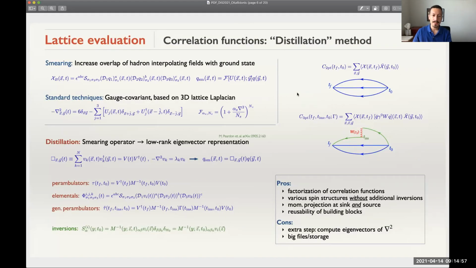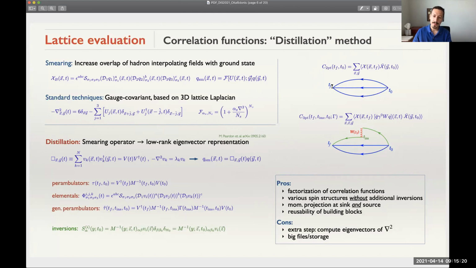All right, so on the lattice, in order to obtain these matrix elements, we compute correlation functions. One type of correlation function is a 2-point function, which I show over here schematically. So at some point on the lattice, we create a particle state with the quantum numbers of the particle we're interested in, in this case, the nucleon.